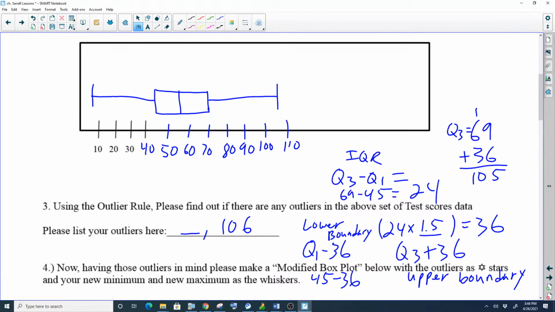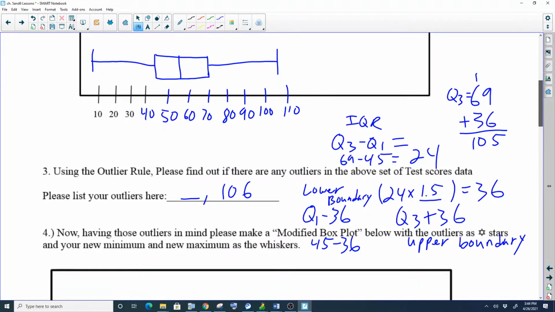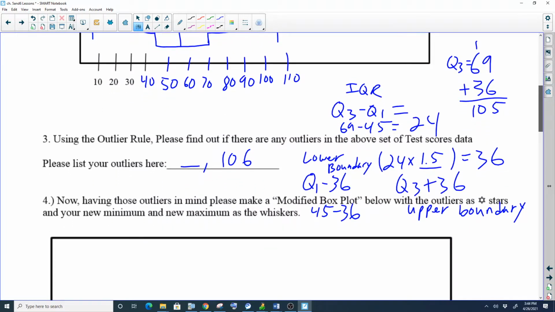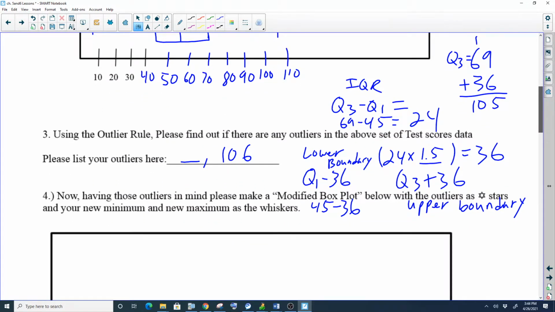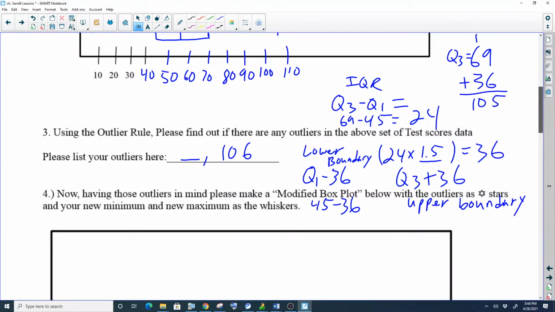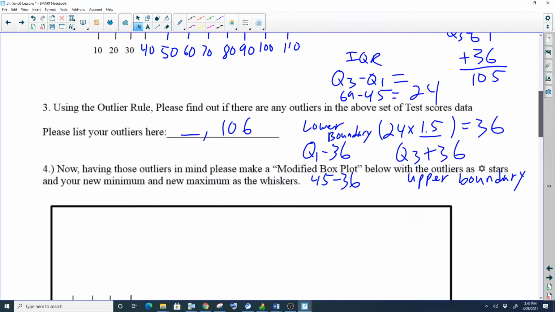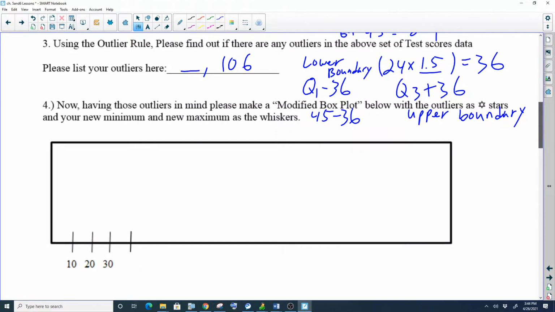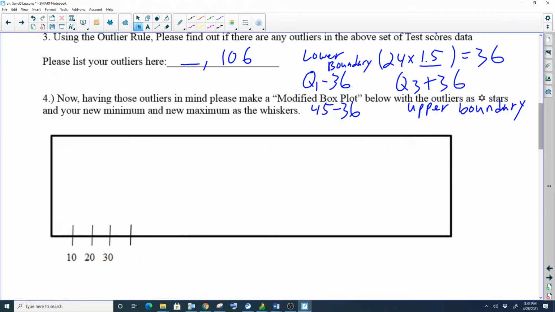That's going to give you the boundary for the lower outlier, if there is one. So go ahead and try 45 minus 36 and see if we have any numbers to the left of that boundary or not. If there are any numbers left of the boundary, like 8 or 22, then they would be considered an outlier.